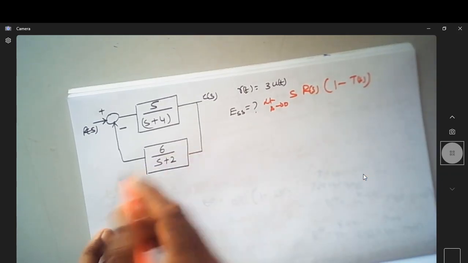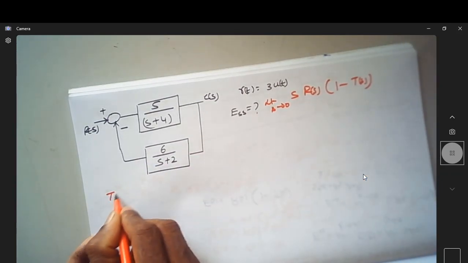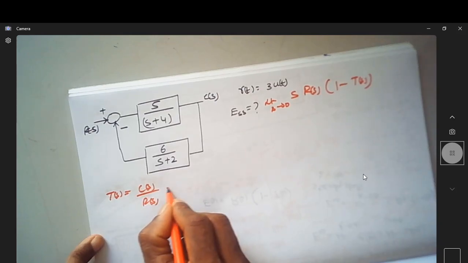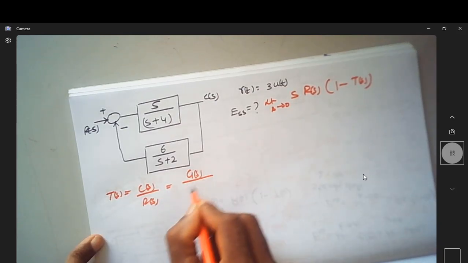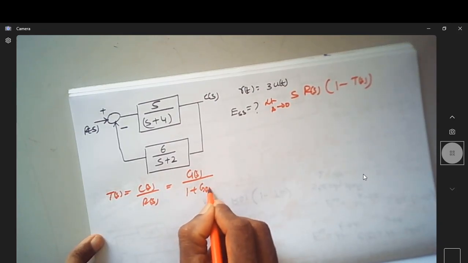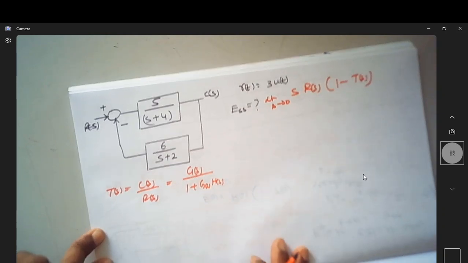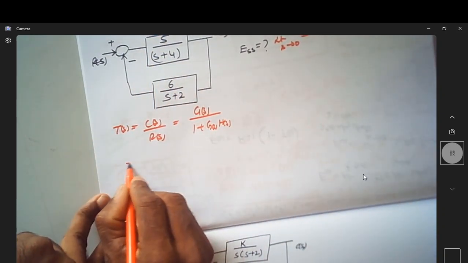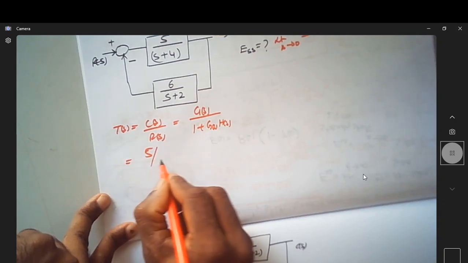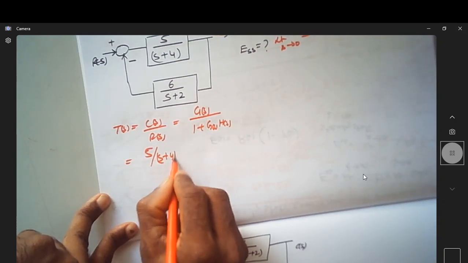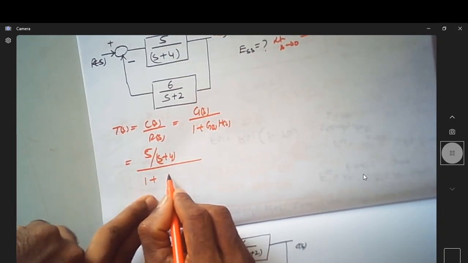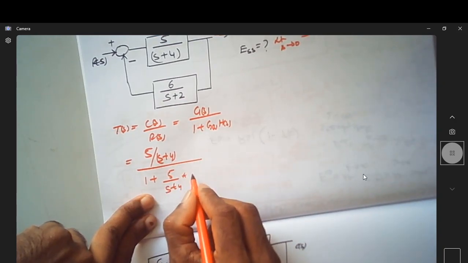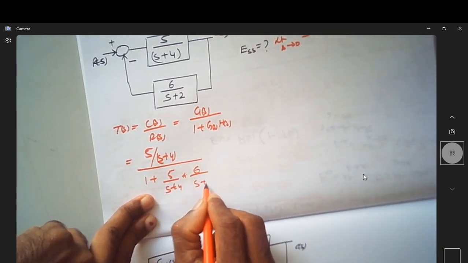Before we proceed, we need to find the transfer function. The transfer function is C(s) by R(s), which is G(s) by 1 plus G(s) into H(s). Because we know G(s) and H(s), I can write it as 5 by s plus 4 divided by 1 plus 5 by s plus 4 into H(s), where H(s) is 6 by s plus 2.